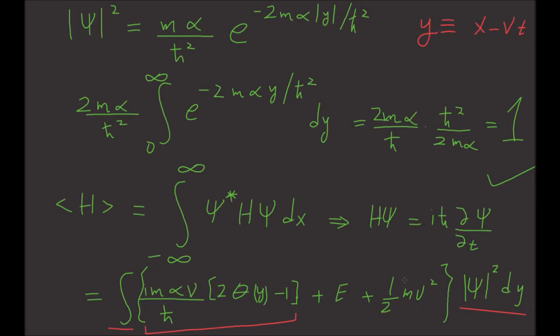So we are left with these two. So the expectation value of the Hamiltonian is equal to E plus 1/2 mv squared.